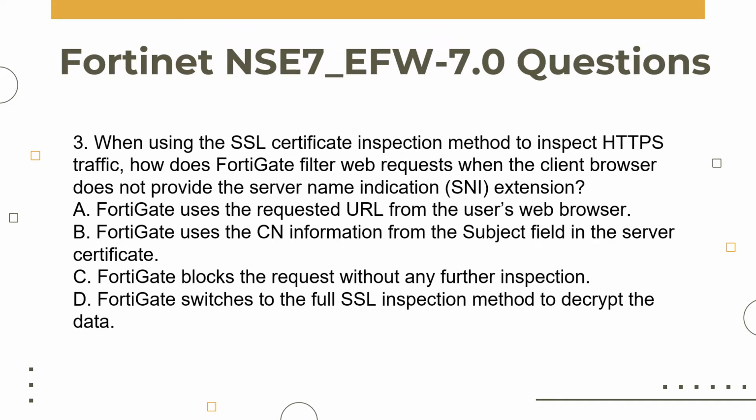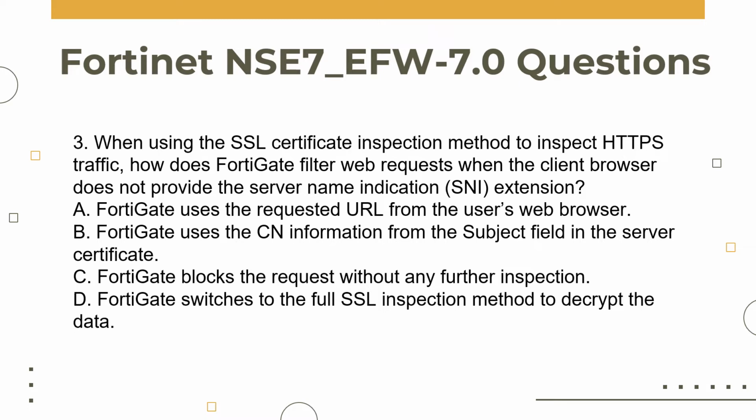3. When using the SSL certificate inspection method to inspect HTTPS traffic, how does FortiGate filter web requests when the client browser does not provide the server name indication (SNI) extension? A. FortiGate uses the requested URL from the user's web browser.